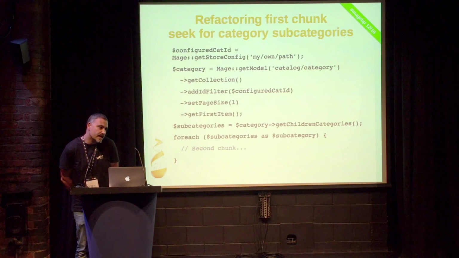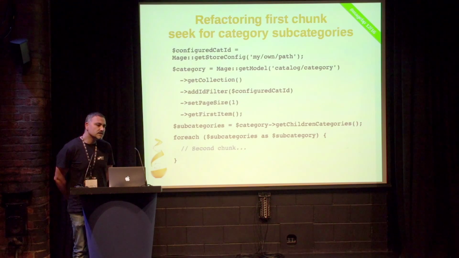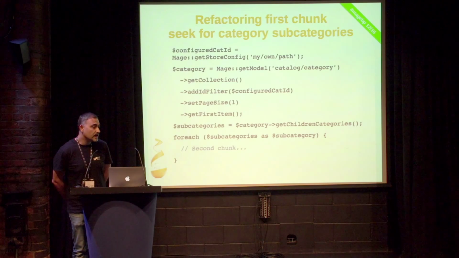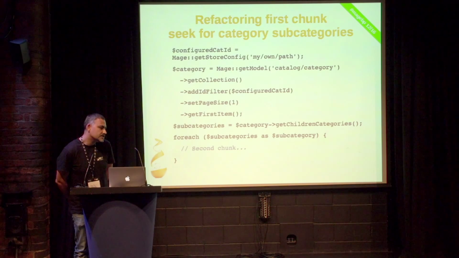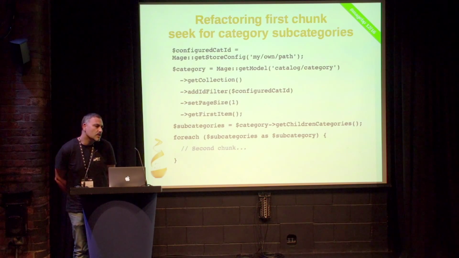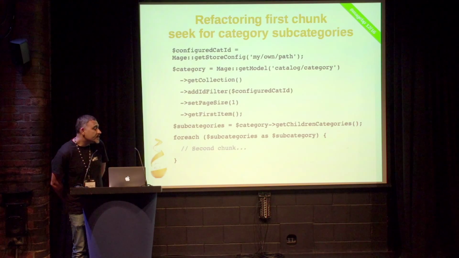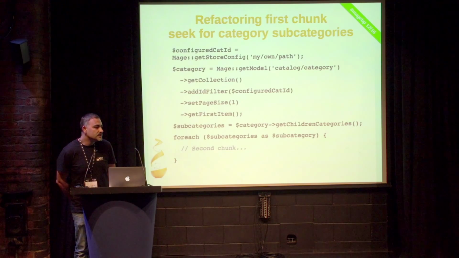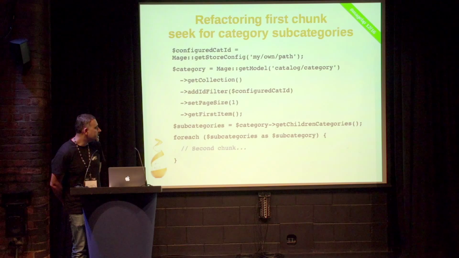Category is an EAV entity, as you know, and loading that through a collection is much faster. We know the ID, so if we filter the collection by its ID, we can get only one result. So let's set the page size to 1 and get the first item of the collection, and we have our category.